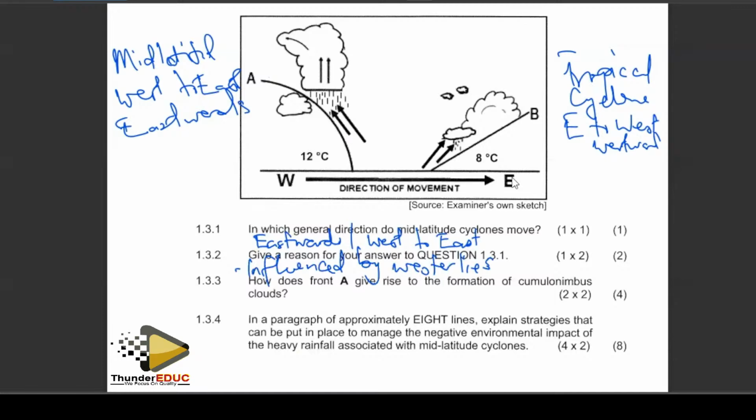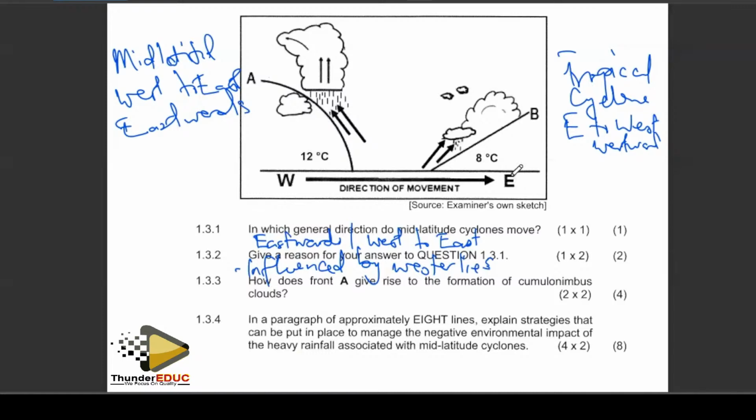Polar easterlies was regarded as the correct response because it was a choosing question. The responses were there. But geographically, the winds which are responsible for the movement of the mid-latitude cyclone are the westerlies. Though the polar easterlies are there on the formative stage of the mid-latitude cyclone, they do not influence their movement. So the correct response is there.